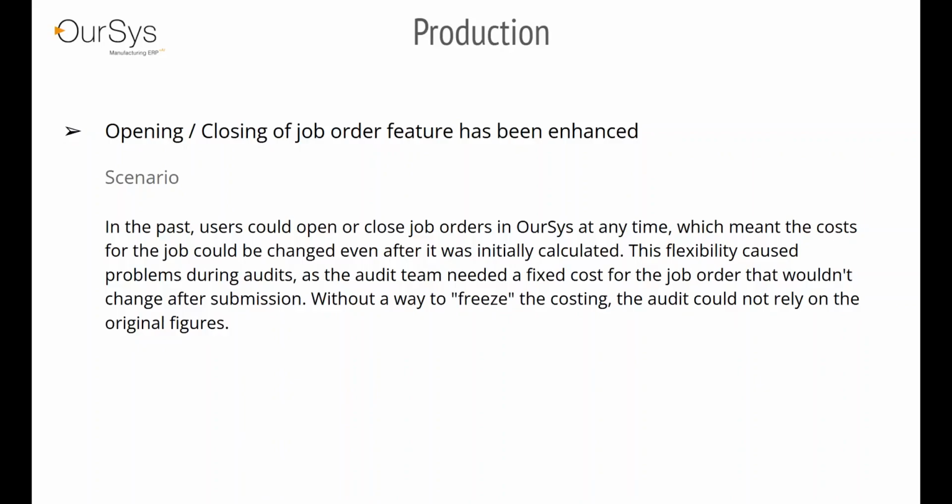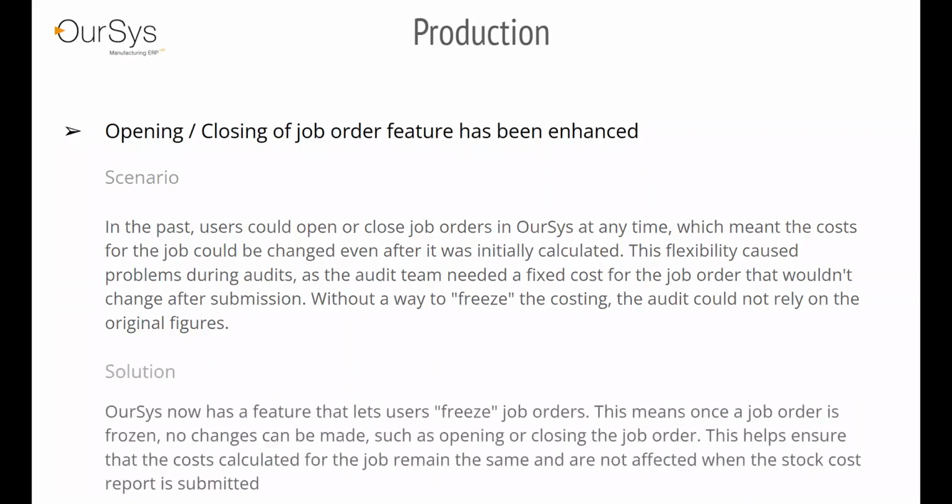Without a way to freeze the cost, the audit team couldn't trust the original figures. So we have now introduced a provision where you can freeze the job order date, and based on that date the system won't allow you to open or close the job order before the freeze date.